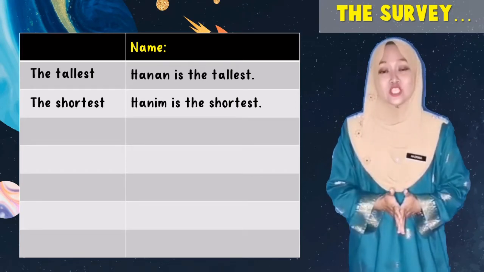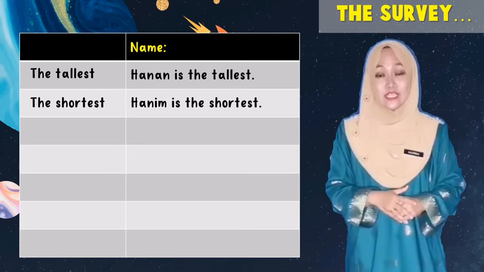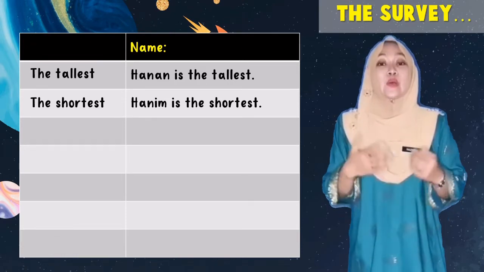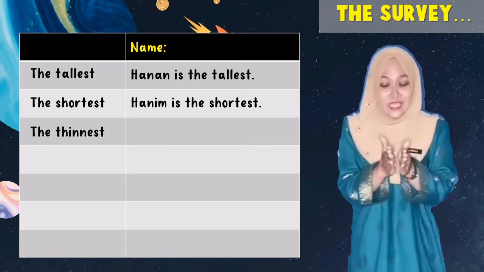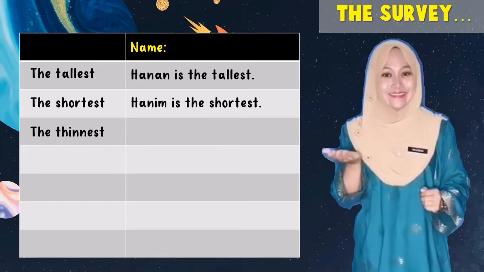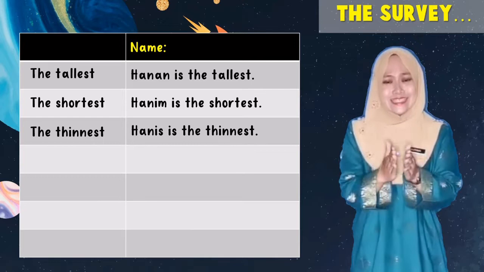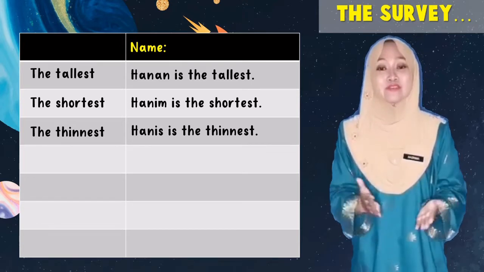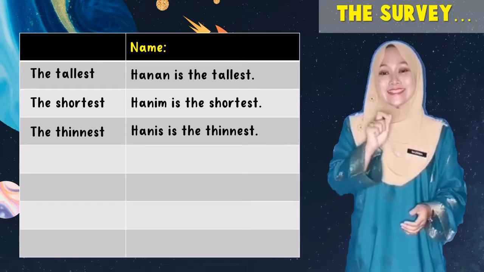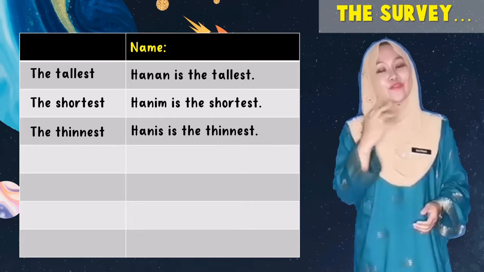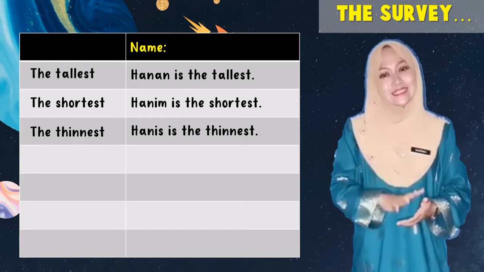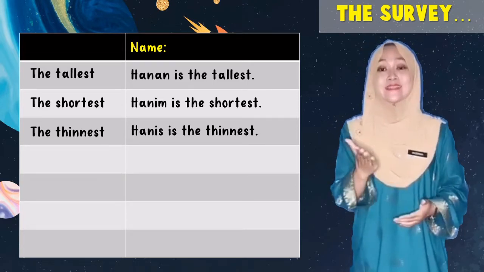Next question or next superlative adjective, who's the thinnest? Here, the answer is Hanis is the thinnest. So, you have to write down Hanis in the fourth row in the table. That is the thinnest.